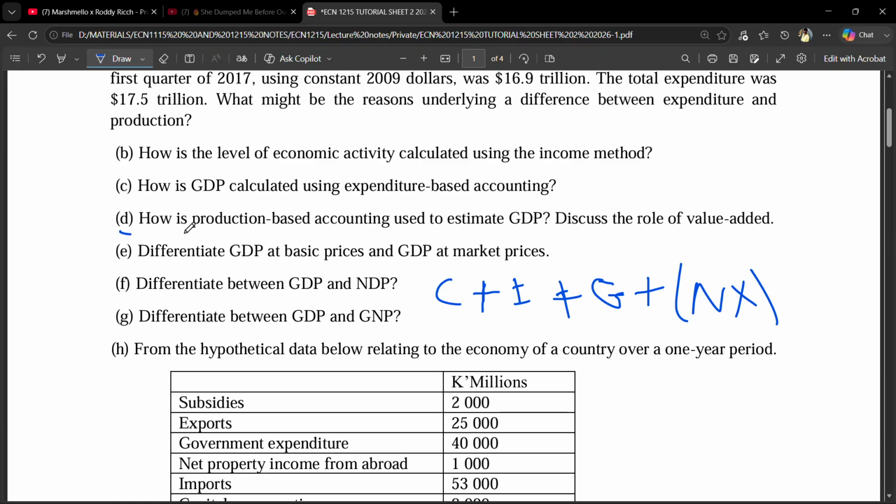D says, how is production based accounting used to estimate GDP? Discuss the role of value added. Like I was saying, the value added approach is going to help us calculate GDP in the same manner as the income and the expenditure method.